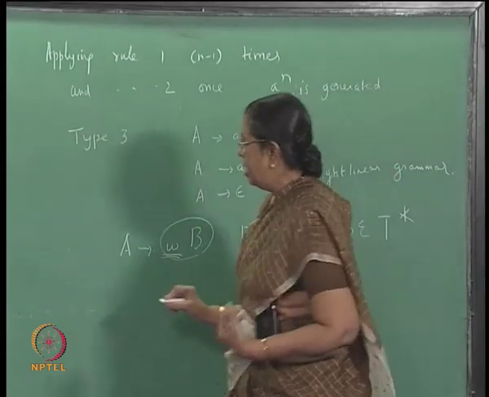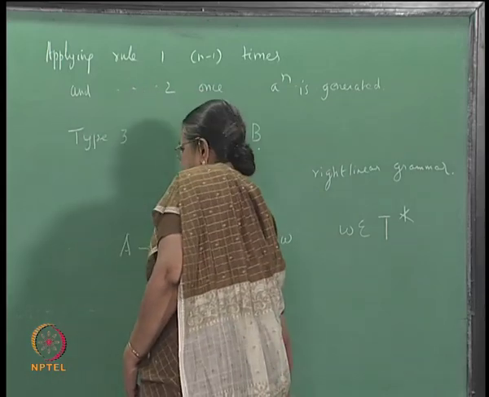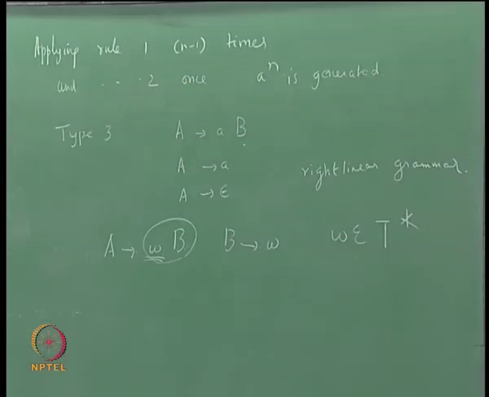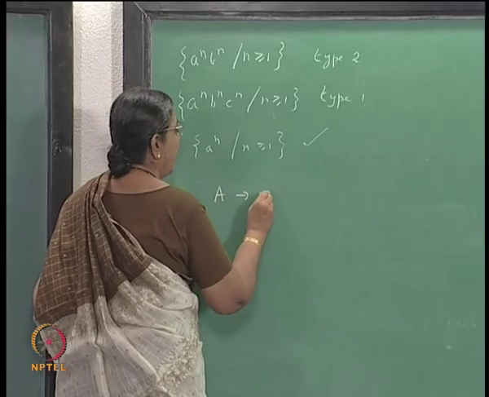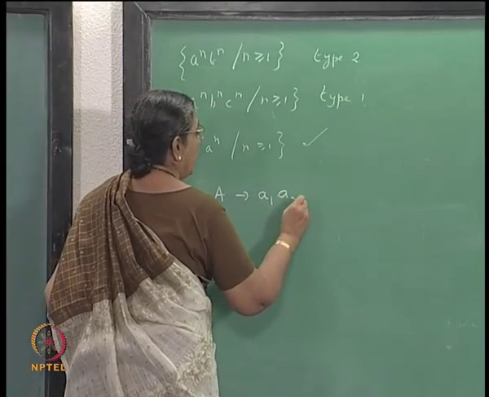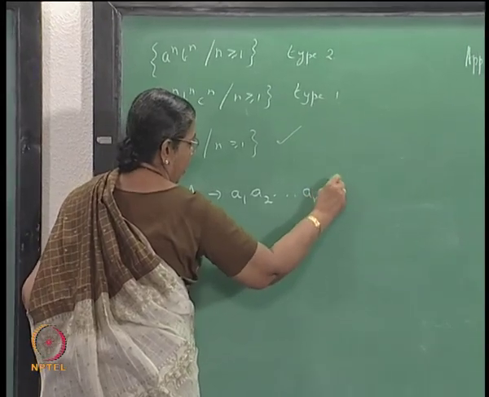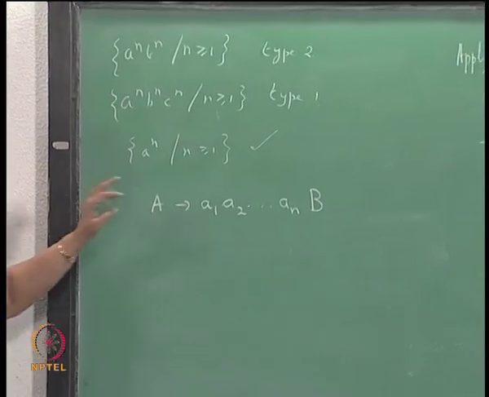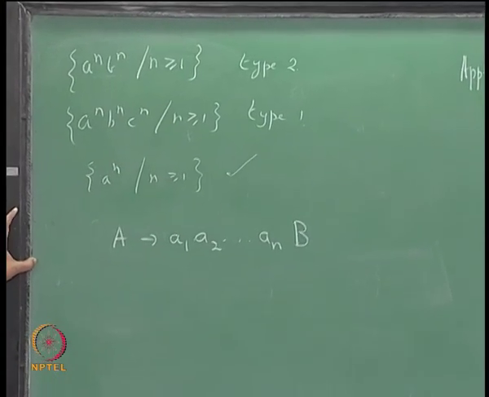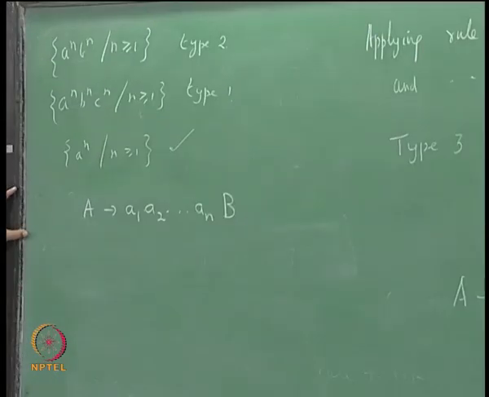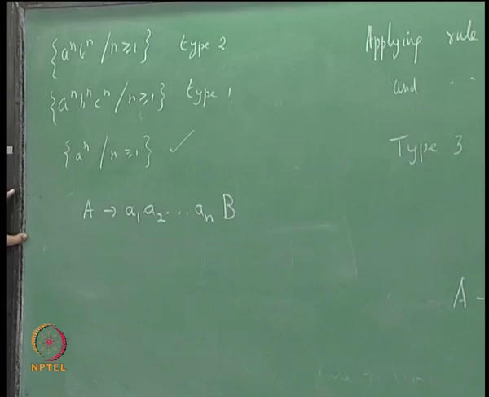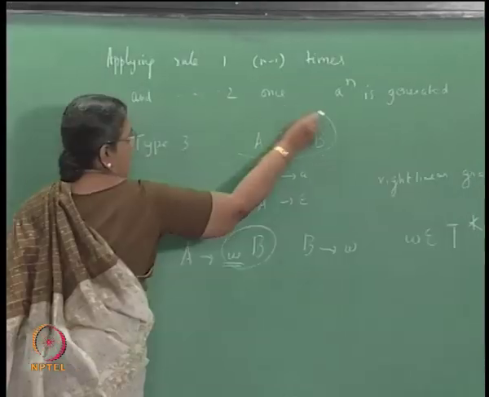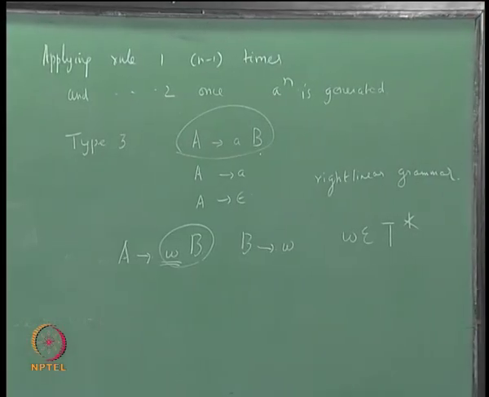What is the reason? Suppose I have a rule of the form A goes to A1 A2 ... An B. This is a string instead of a single symbol, and A1, A2, ..., An are all terminal symbols. If I have a rule like this, I can split this into several rules of this type. How is that possible?